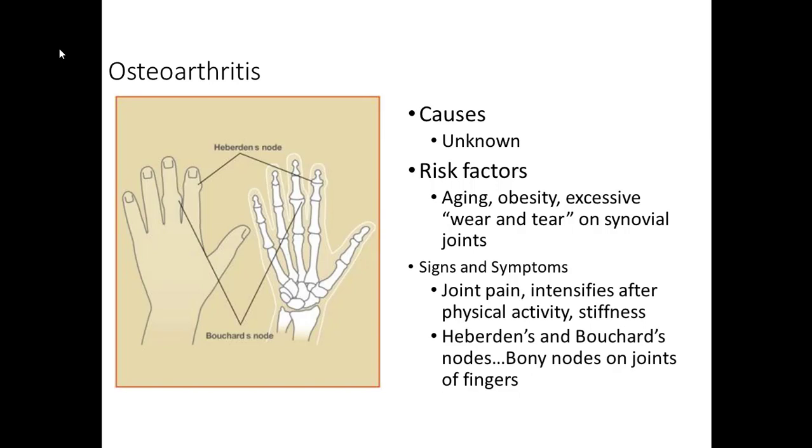So what are we going to see? We're going to see joint pain. We're going to see stiffness, but both of those are going to get worse after someone has been physically active. When we get to rheumatoid arthritis, I'll tell you the difference. But for osteoarthritis or DJD, people are active and the pain gets worse.